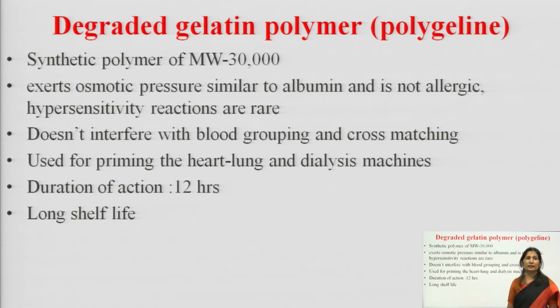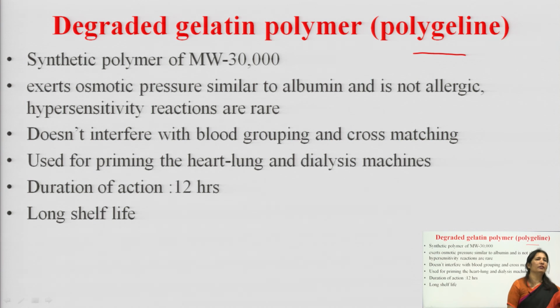Next colloid is degraded gelatin polymer, also known as polygeline. This is a synthetic polymer of molecular weight 30,000. It exerts osmotic pressure similar to albumin and has no antigenic properties, so hypersensitivity and allergic reactions are very rare with this.